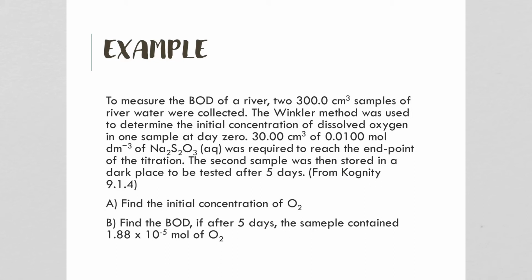So they did a titration and found out that's how much they needed. The second sample was then stored in a dark place to be tested after 5 days. So we're being asked to find the initial concentration of oxygen and then to find the BOD if after 5 days the sample contained 1.88 times 10 to the negative 5 moles of oxygen.